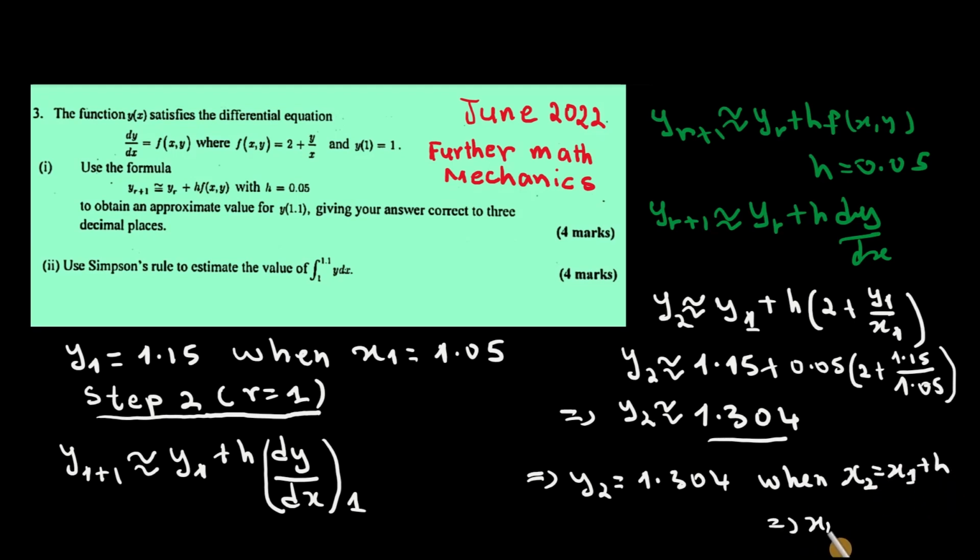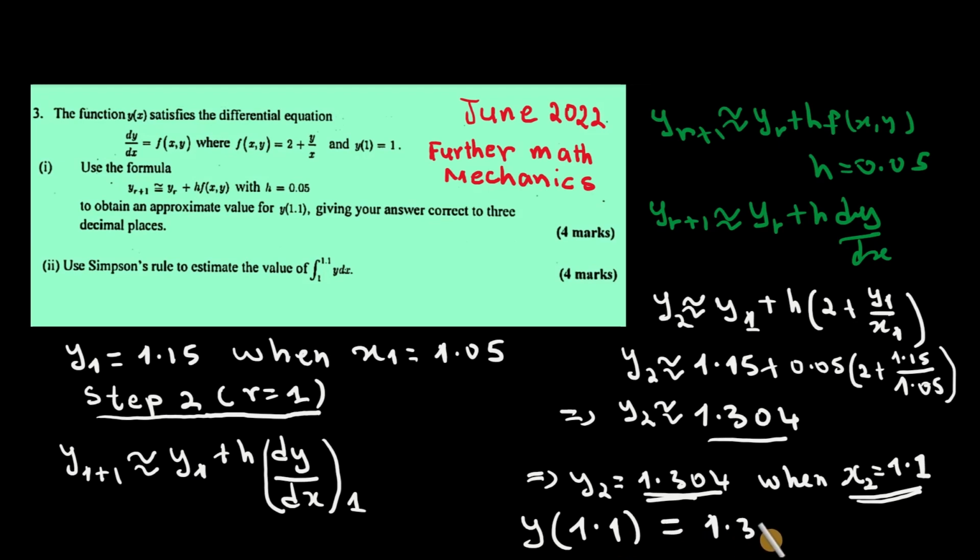That is, x2 is equal to 1.05 plus 0.05. 1.05 plus 0.05 is 1.1. That means y2 is equal to 1.304 when x is equal to 1.1. That means the value of y when x equals 1.1 is equal to 1.304.